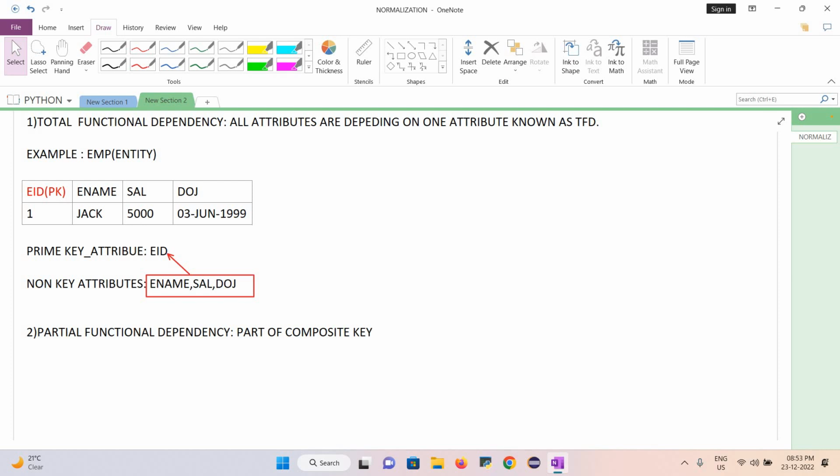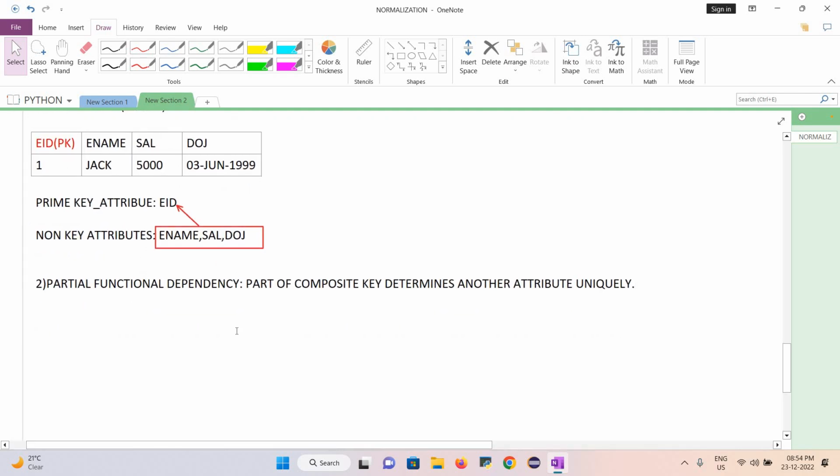Some part of the composite key attributes determine another attribute uniquely. So what does it mean? The definitions are quite difficult, but it's okay. I will make it easy, so don't bother.